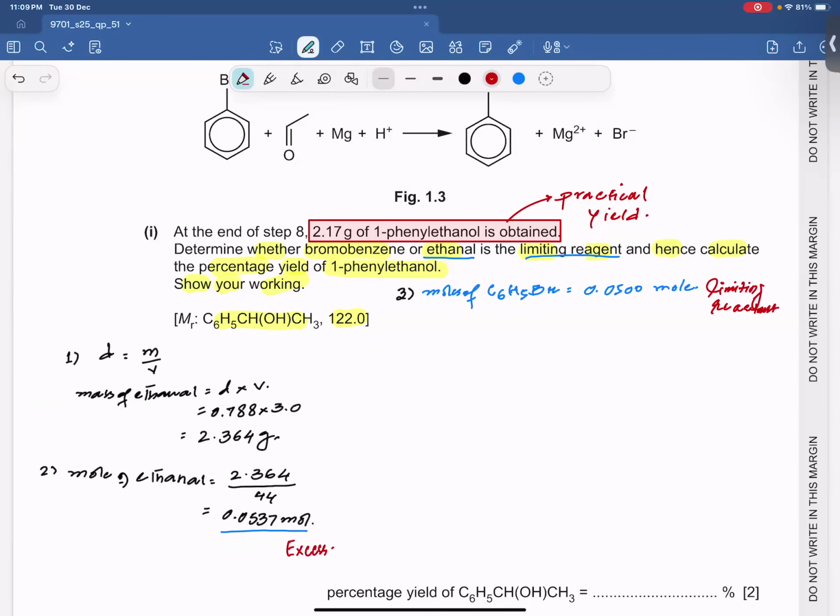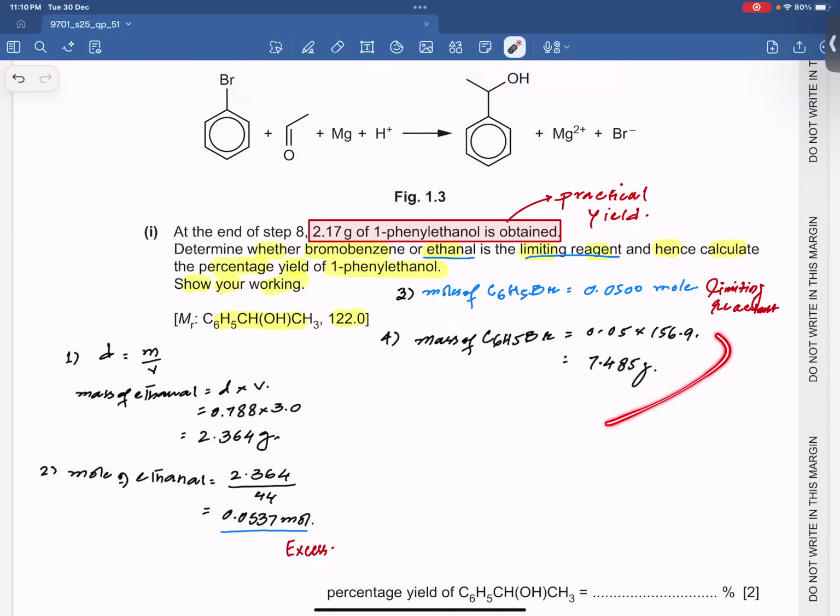Okay. To determine the percentage yield, I need to find out the theoretical yield of 1-phenylethanol. And for that, I need the mass of bromobenzene. So again, to get the mass of bromobenzene, moles needs to be multiplied with the MR, and MR was how much? 156.9, and that's basically 7.485 gram.